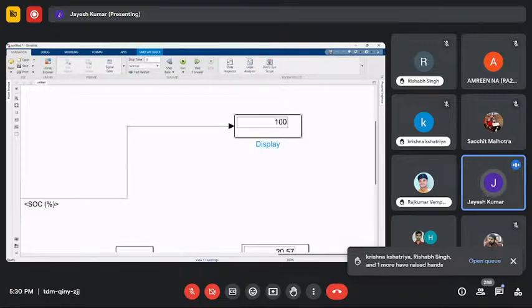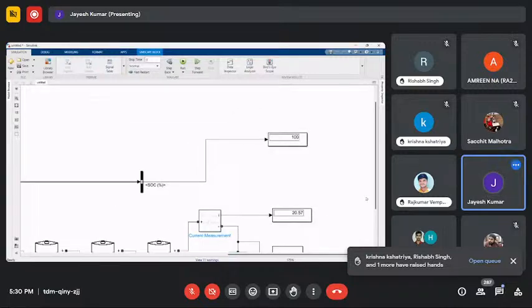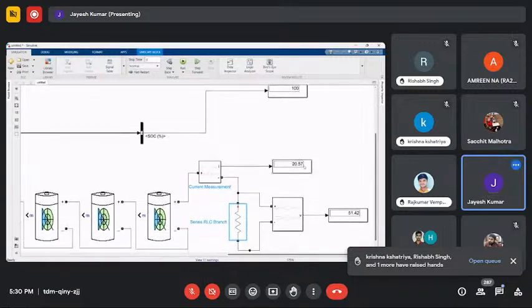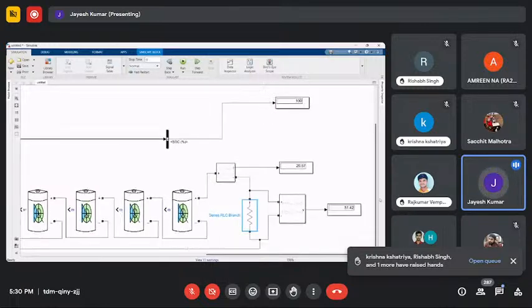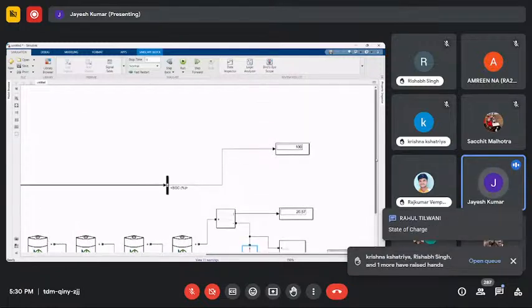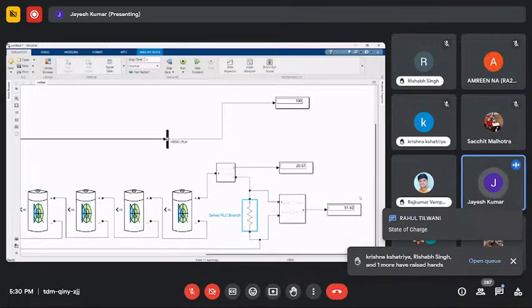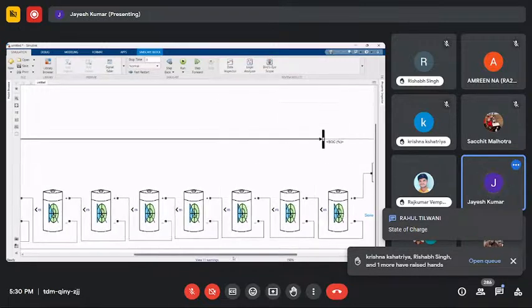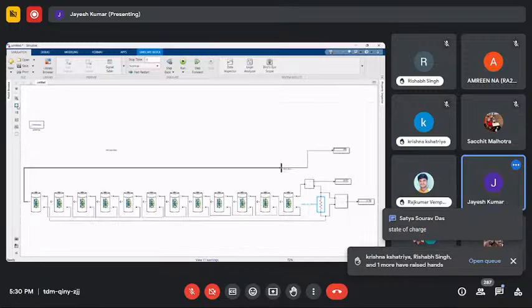So my battery is fully charged, and I'm getting a current of 20 ampere, and I've connected across the voltage. I had decided to get an output voltage of 44, but it's good. I'm getting a 51 volt output supply.